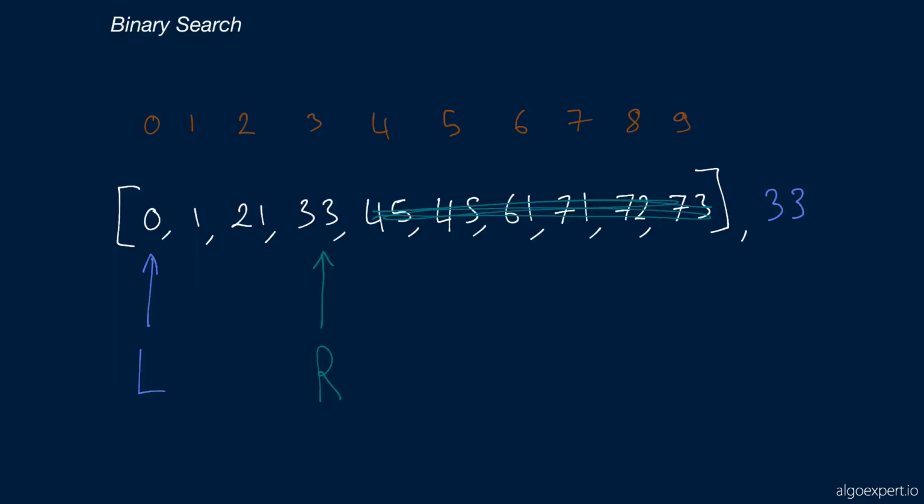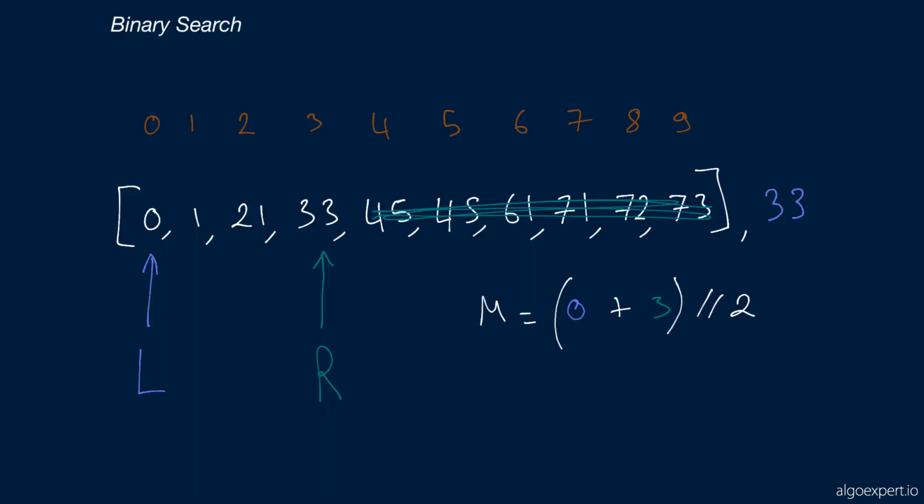Now we recalculate the middle pointer. M is going to be equal to 0, which is where we have the left pointer, plus 3, because our right pointer is now pointing at 3. And then we once again divide by 2, rounded down.